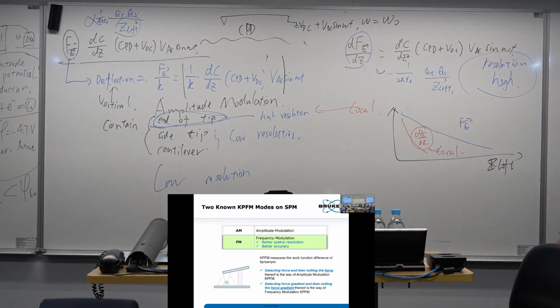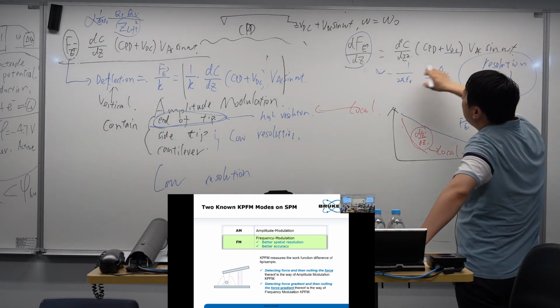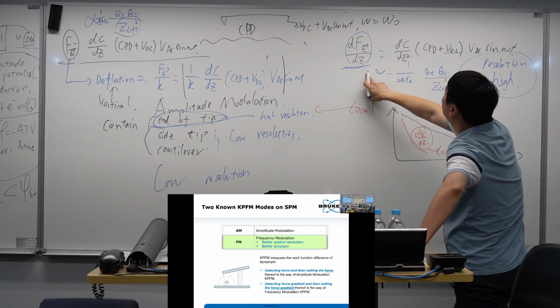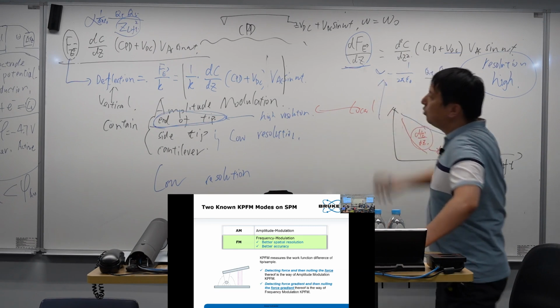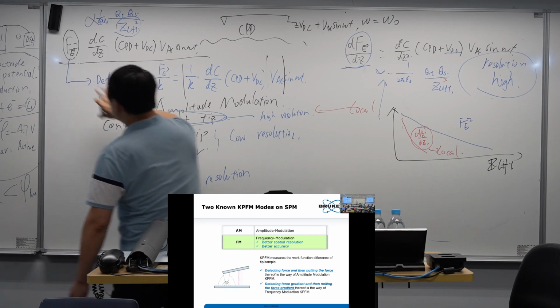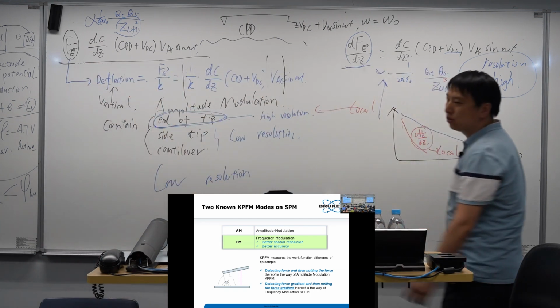So the idea is here: we adjust the VDC, and once this force gradient is 0, then we are done. So how do we detect the force gradient? We can detect the force easily, we just detect the amplitude. But how to detect the force gradient?